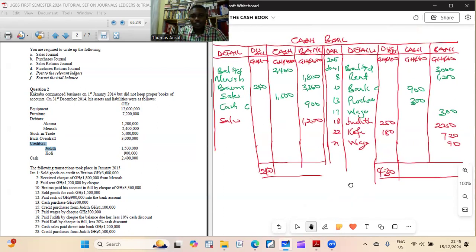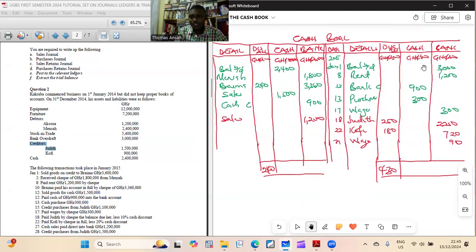Then we come to the cash book. The cash side, this side and this side. Where do you think the higher value will be? Is this side, right? So the higher value will be 3,900. Is that not it? So here should be 3,900. But if you check, it is 3,900 minus 900 minus 300, which means I need to let this side balance. There will be a balance carried down here as at 31st of 2,700.